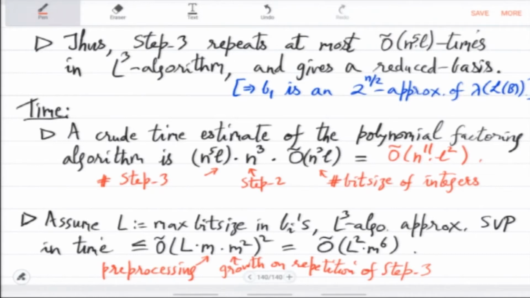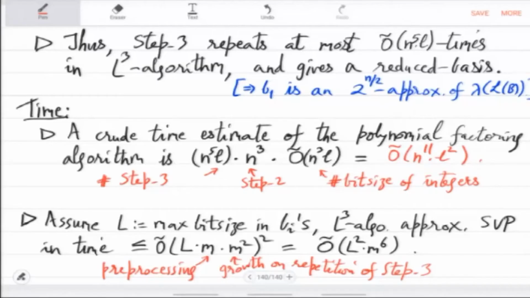So you can think in terms of the bit size. You started with L bit size. When you did the pre-processing, you had a growth of multiplier m, and when you started repeating step 3, there was another blow up in the bit size by m square. Okay, so these integers are this big, and so that also tells you how many times you have to repeat step 3. So you square it. Okay, so this is a crude estimate. In terms of m, it is taking m to the 6 time.